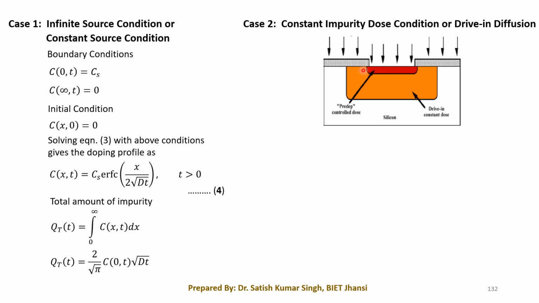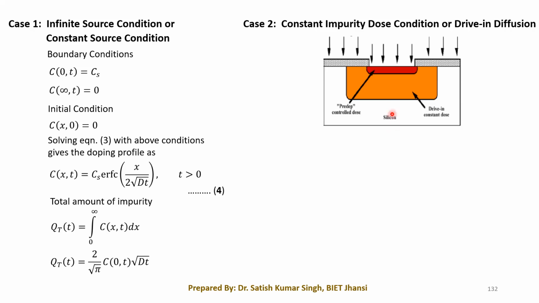What we said is, once we have performed the pre-deposition step, we have to shut off the supply of our impurity atoms. So the ambient of this substrate does not contain any impurity atoms.